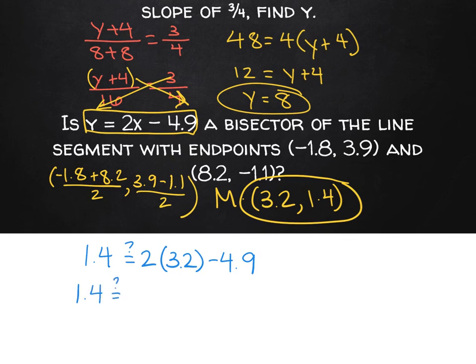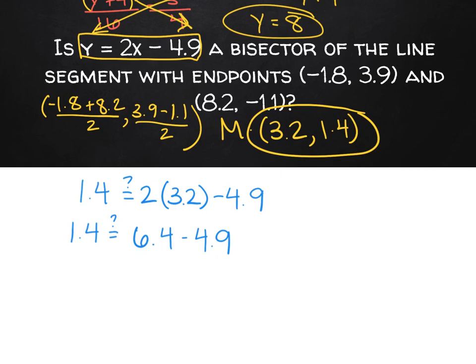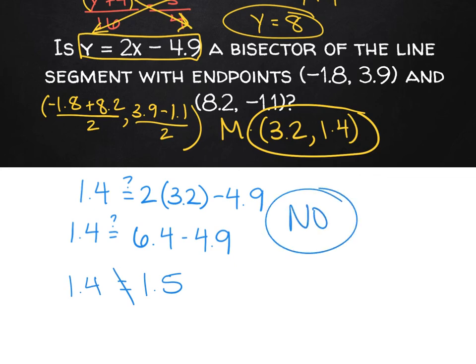So 1.4 might equal 6.4 minus 4.9. 6.4 minus 4.9 is 1.5. 1.4 does not equal 1.5, so my answer is no. It is not a bisector. It does not cut through the exact center of that line segment.